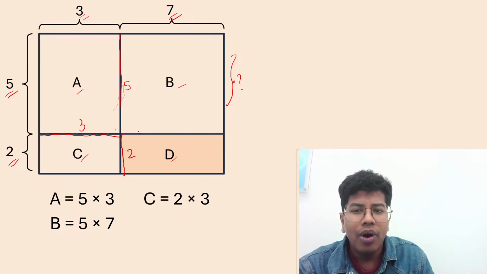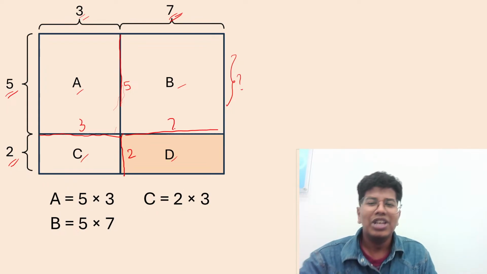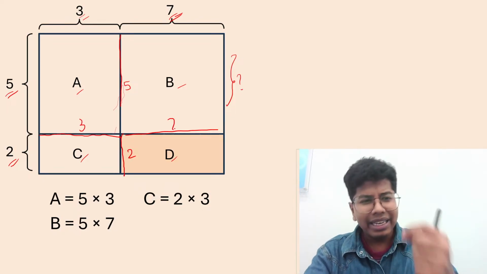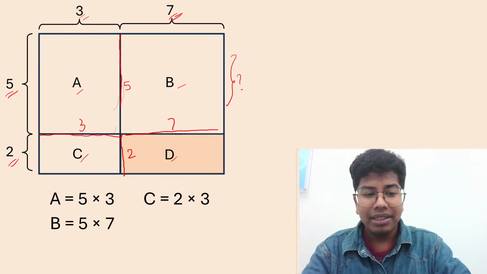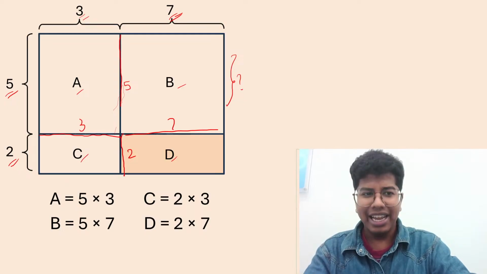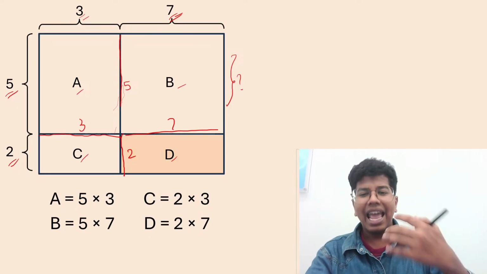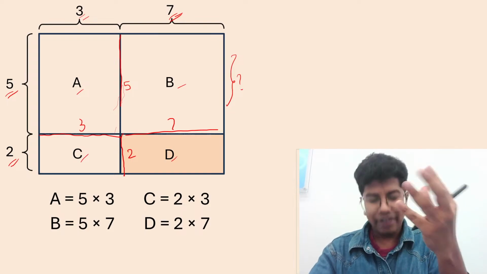This is 2. What about the length of this part? This is 7, so the opposite is 7. So for D, how can we calculate the area, class? It's nothing but 2 times 7. So what we can observe here is that we can calculate the length and width of each shape.